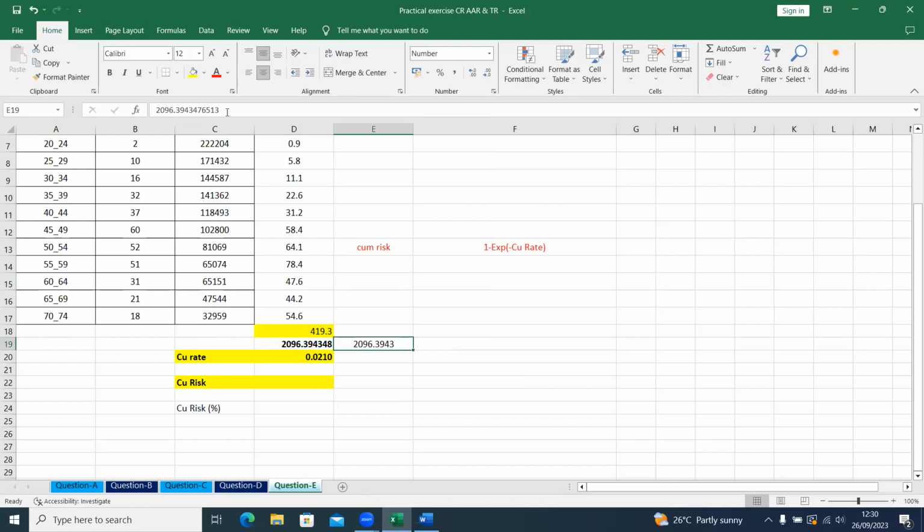When you reduce the digits, and if you directly apply the formula with Excel, you will get a little bit of difference. If I just mention the number 2096.39 here, the answer will be changed.